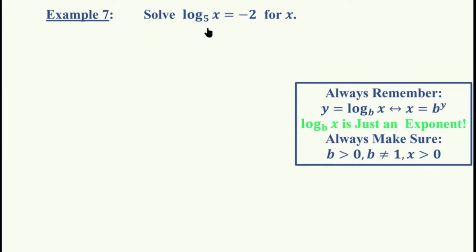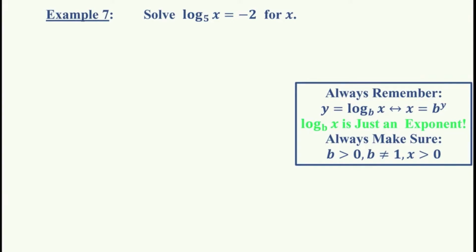So here we have an equation for the first time, in the sense that we're solving. So far, we've just been converting. So to solve these, the easiest thing is to go to a more familiar format, which is the exponential format. So we'll go ahead and write this equation in exponential form.